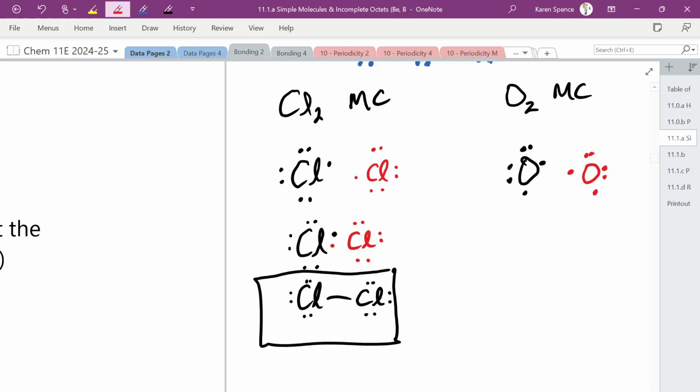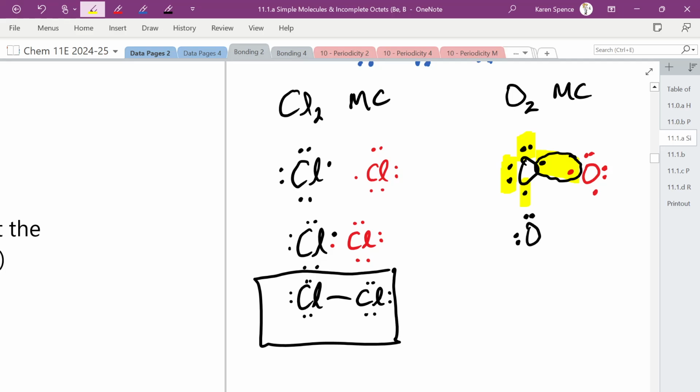How are we going to get a complete octet for oxygen? If I was to share just these, that would give the oxygen on the left 2, 4, 6, 7 electrons.